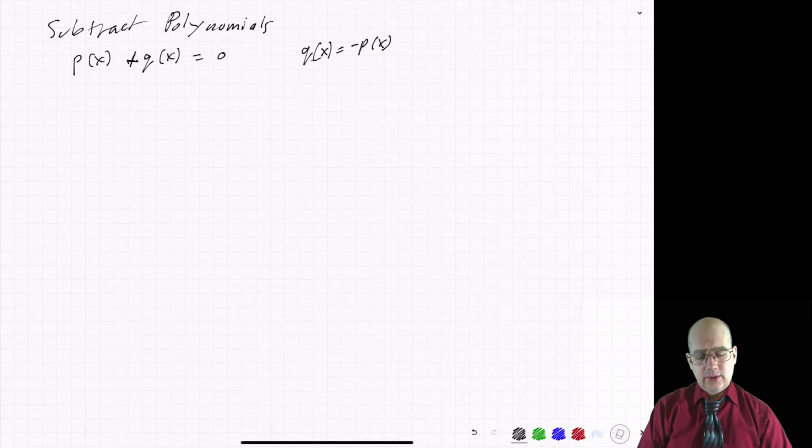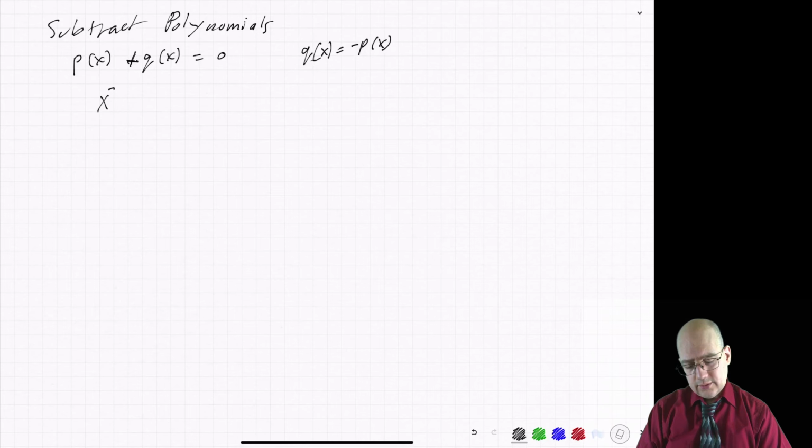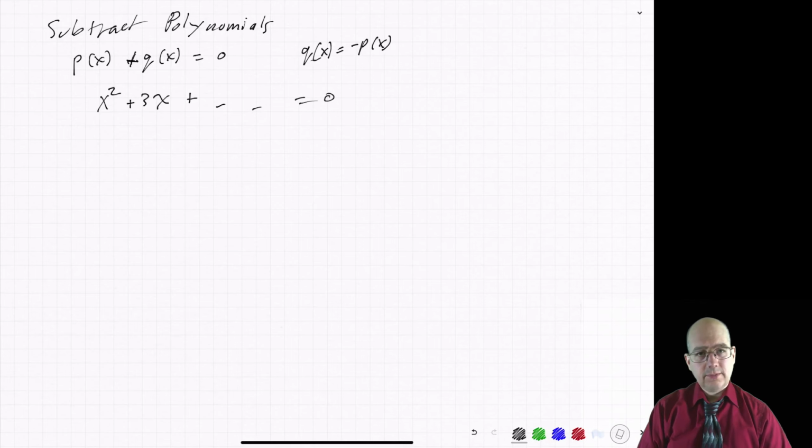And how might it go? Well, let's say you've got x squared plus 3x, and you want to add something and get 0, right? Adding things only goes with degrees, right? So you have x squared, and you've got an x. And then what do we want?